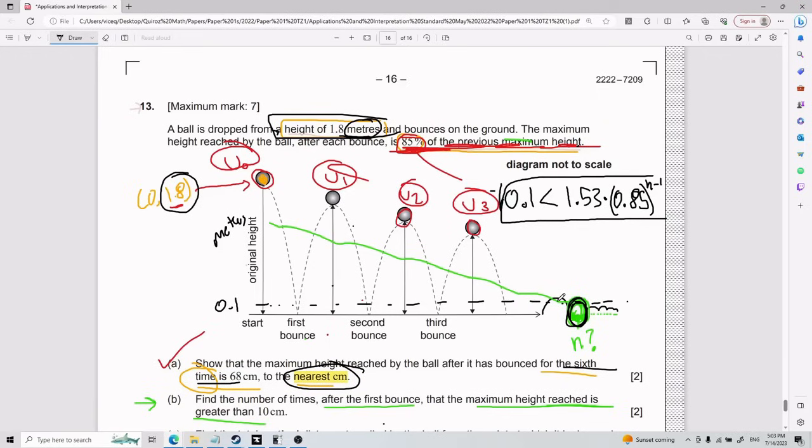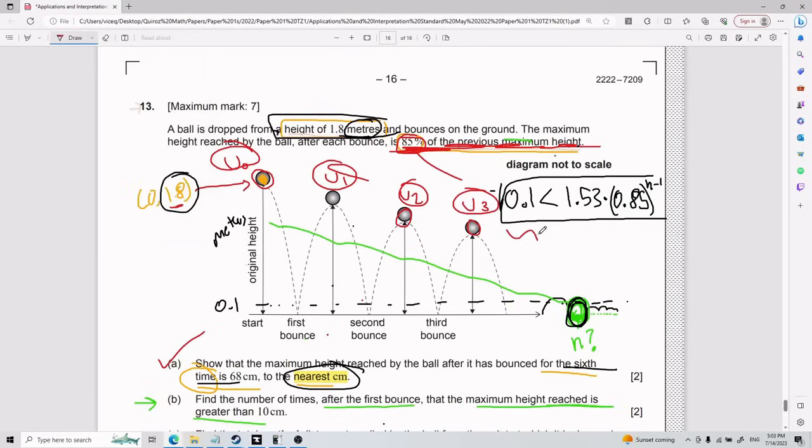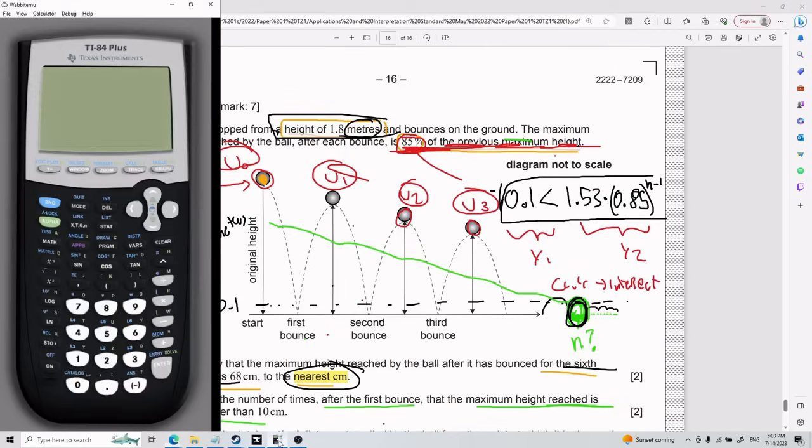And I know some of you are thinking, I have a variable in my exponent. So what we can do to solve that, or my favorite trick, is calc intersect. So you're going to call this y1, call this y2, do calc intersect, and that helps you get around the fact that you have a variable in your exponent.